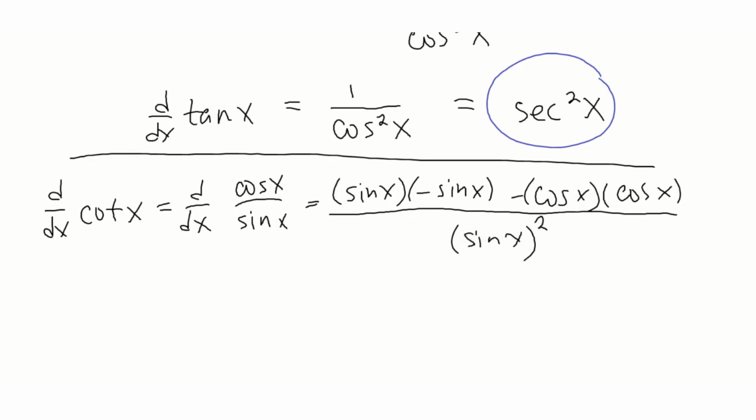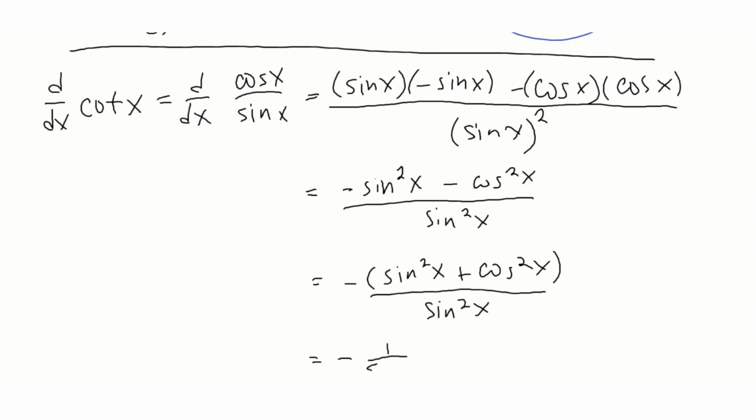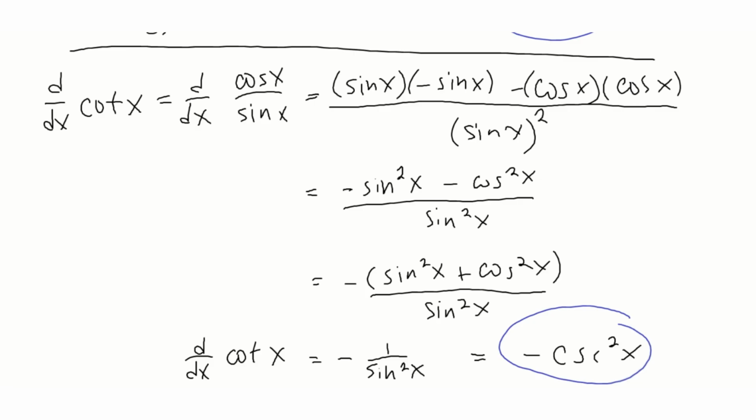We can rewrite, use the Pythagorean identity, use the reciprocal identity. The derivative of cotangent of x is negative cosecant squared of x. Try the next one on your own.